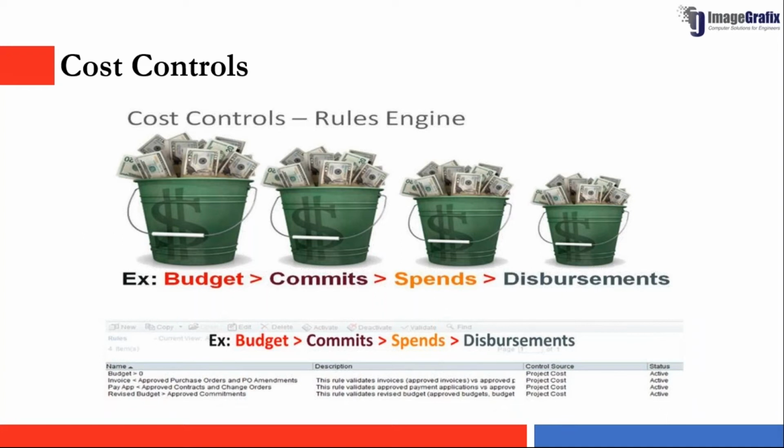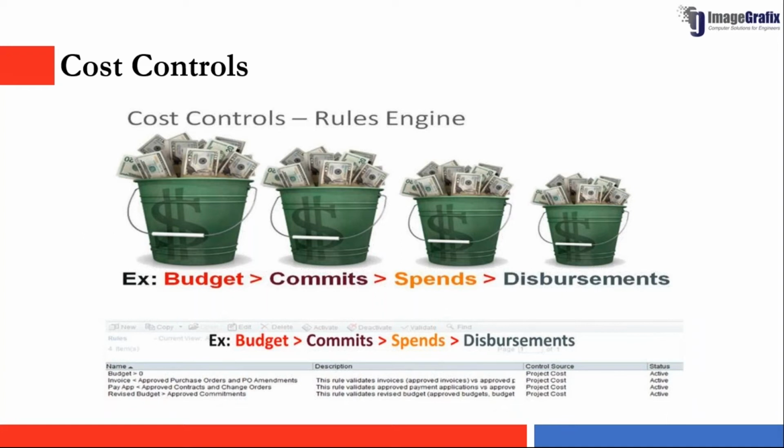So we can create basic rules such as: your commitments, your POs and contracts, cannot be greater than your budgeted value; your spends, your invoices, cannot be greater than your commitments; and your payments cannot be greater than your invoices. This kind of rules engine will be available, and this allows you to control all your cost.